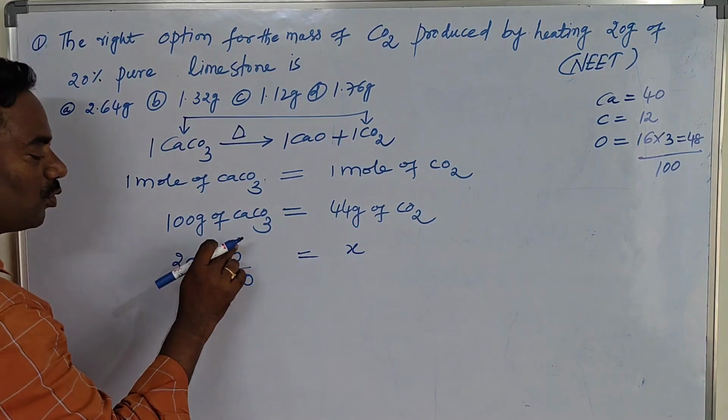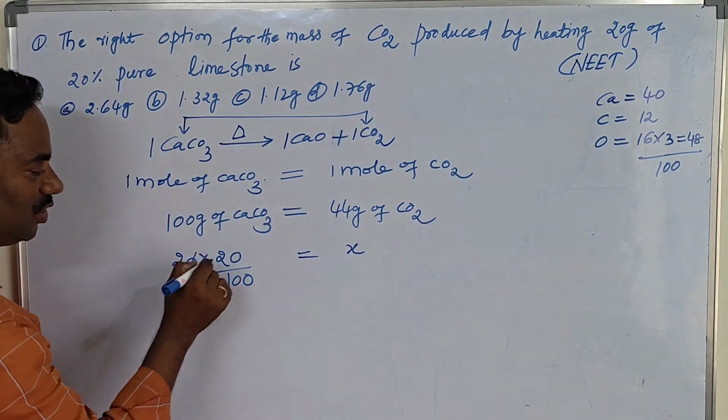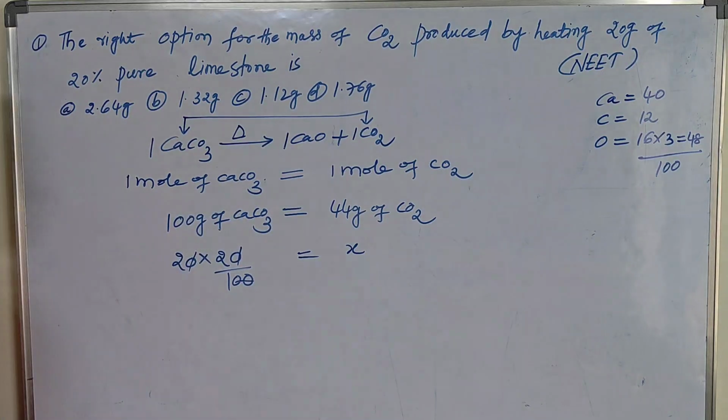20 into 20 by 100, the two zeros cancel.